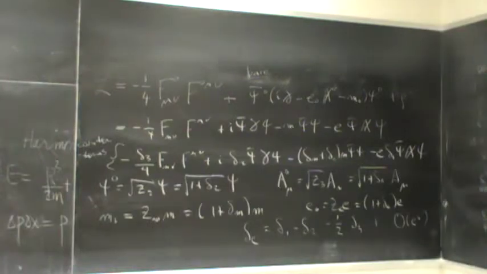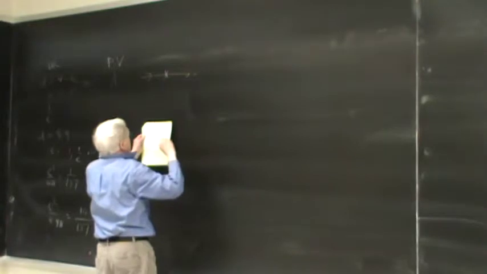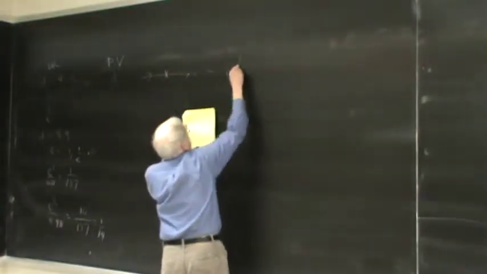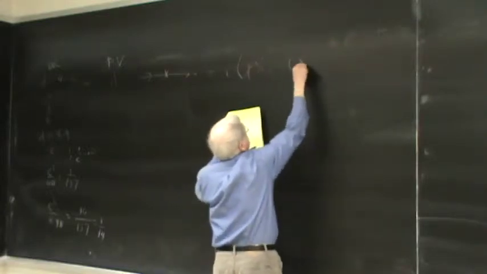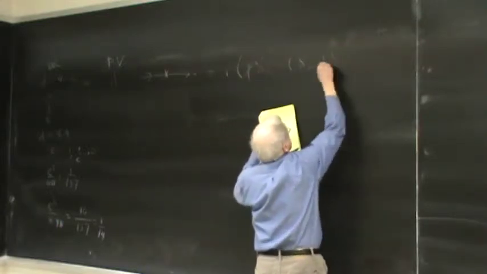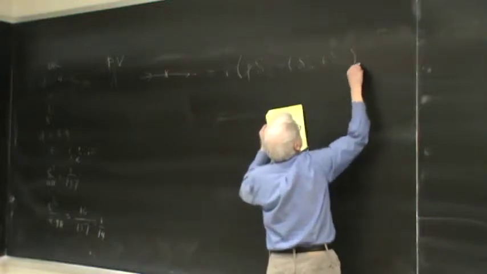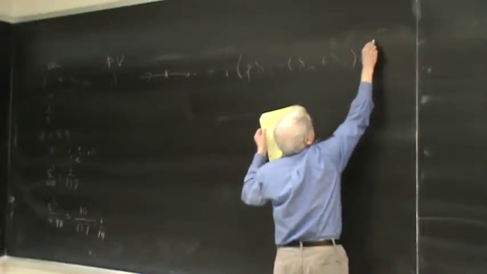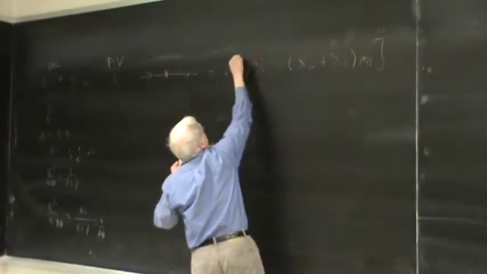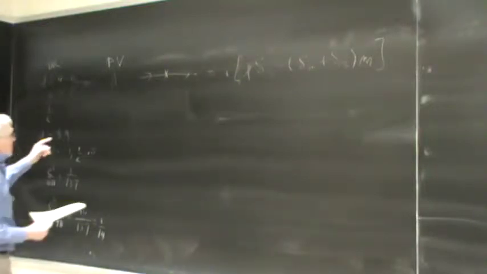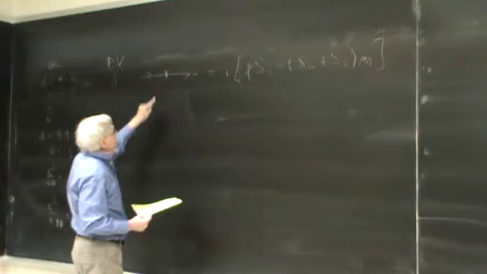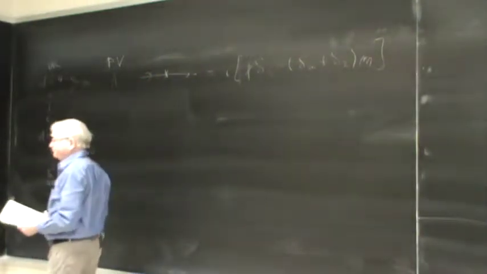There are four different terms, and we'll write this one this way: i(p-slash δ2 − δm + δ2 m). Maybe I should write this like that. Okay. So these were changes to, let us say, the electron propagator.